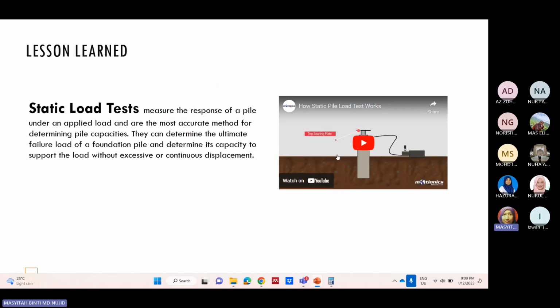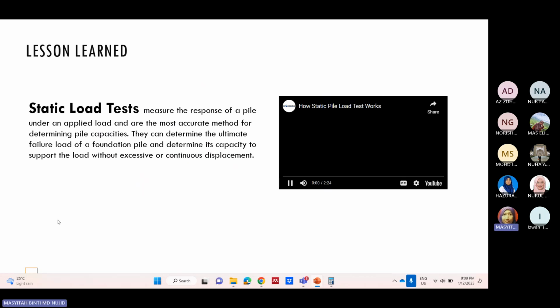Okay, ini salah satu testing lah, static load test.